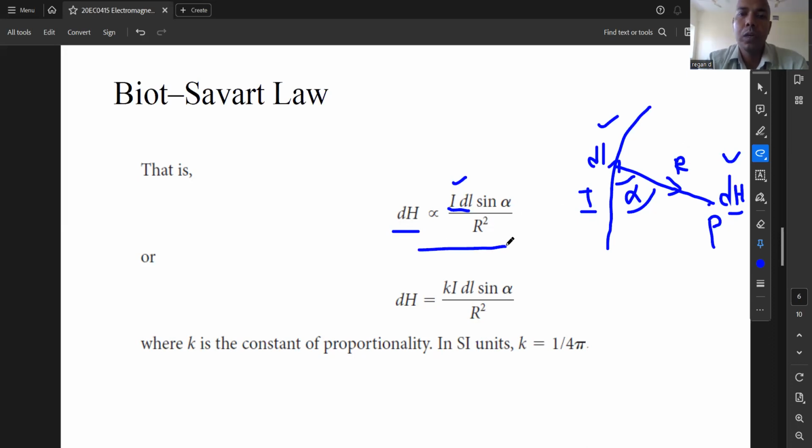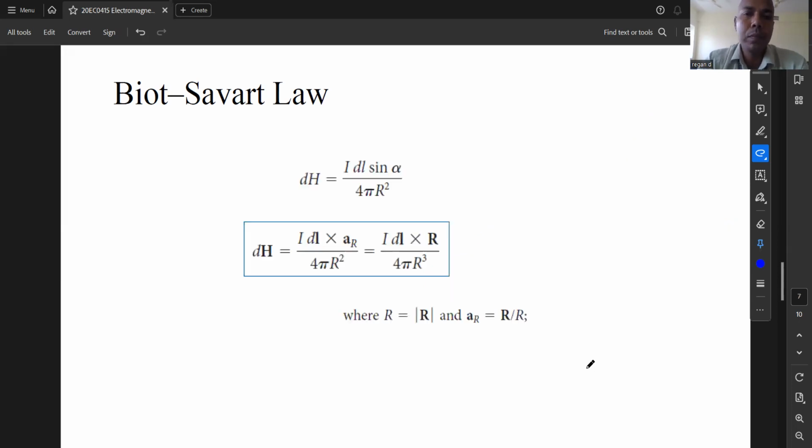Now we can write this equation again: dH is equal to K I dL sine alpha divided by R square. Here K is the constant of proportionality. In terms of SI units, K is equal to 1 divided by 4 pi.